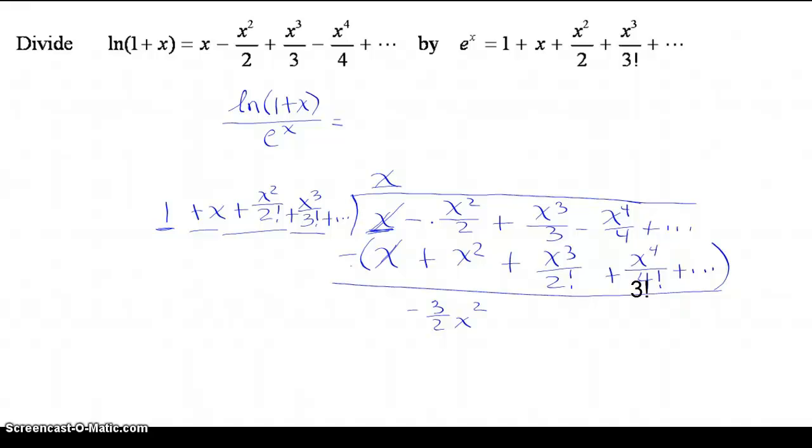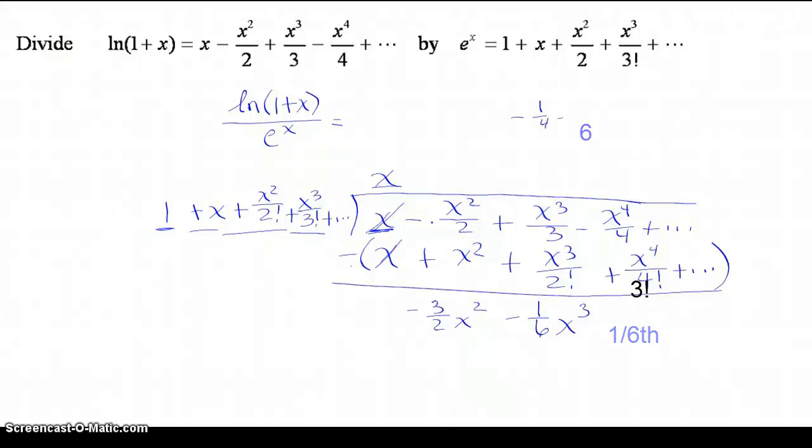So that's what that term looks like. Then I have 1/3 x cubed minus 1/2 x cubed. That's a 2/6 minus a 3/6 is a negative 1/6. So I have minus 1/6 x cubed. Then my x to the 4th terms, I have a minus 1/4 and a minus 1/24. So let's see what that will be.